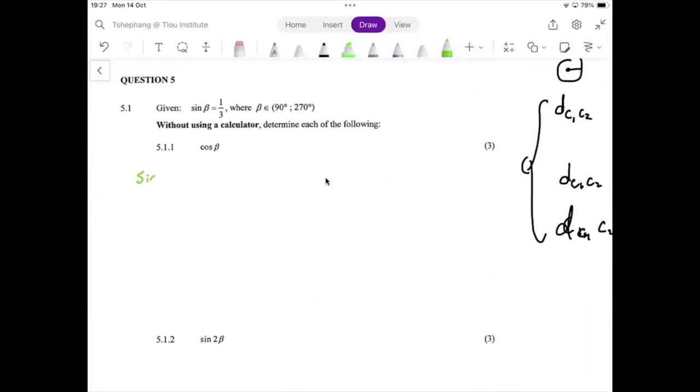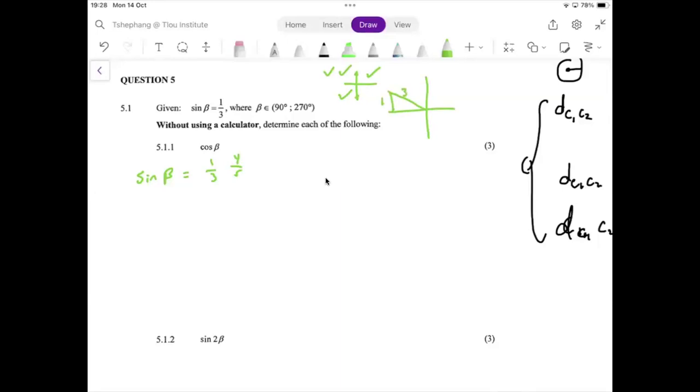So sine of beta is equal to 1 over 3, which is equal to y over r. Now looking at our CAST diagram, we know that sine is positive in there and in there because 1 over 3 is a positive number. And they're saying beta is an element between 90 and 270, meaning that our diagram is definitely in the second quadrant, where this side will be positive 1 and this will be 3.